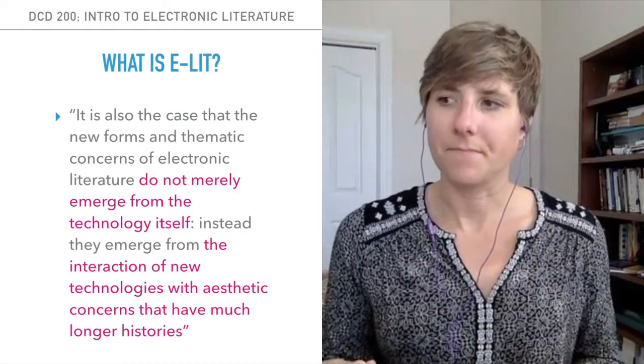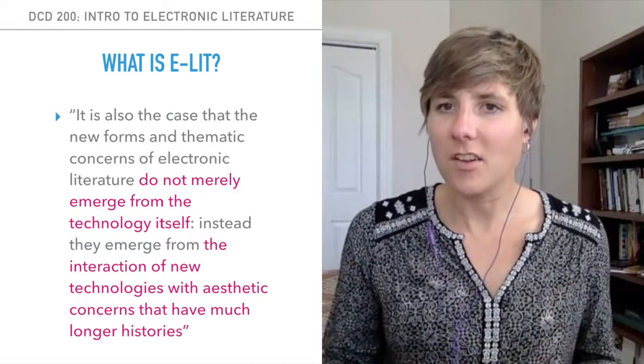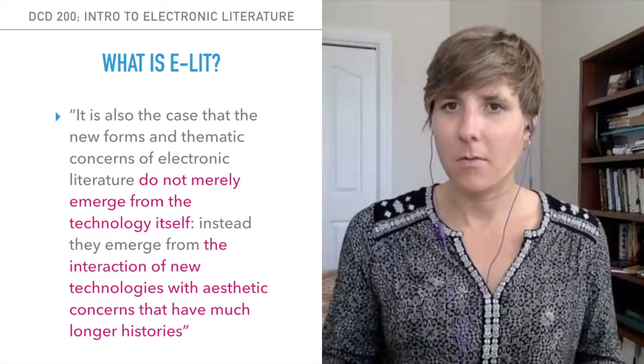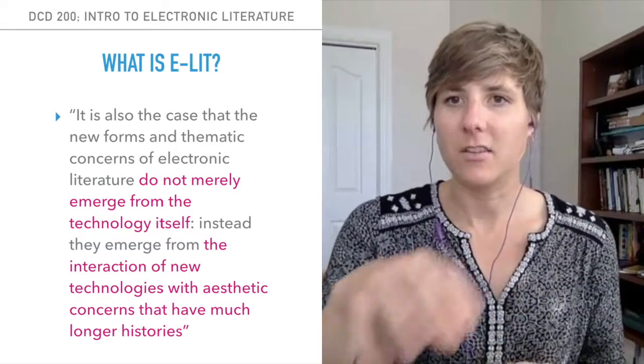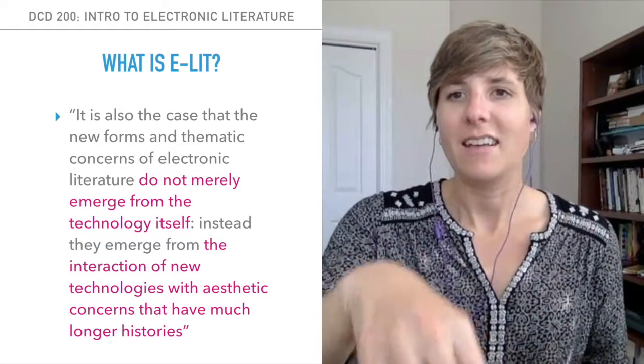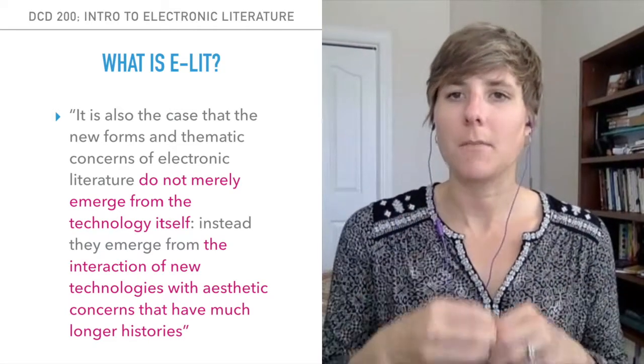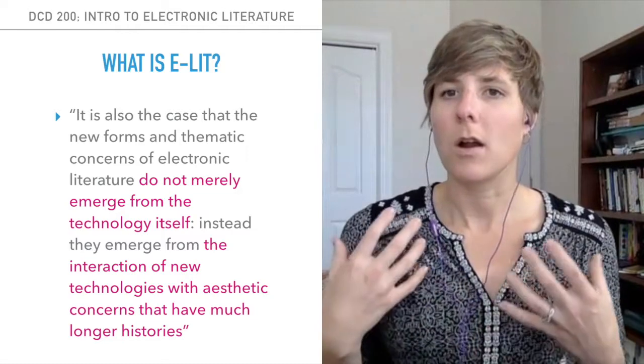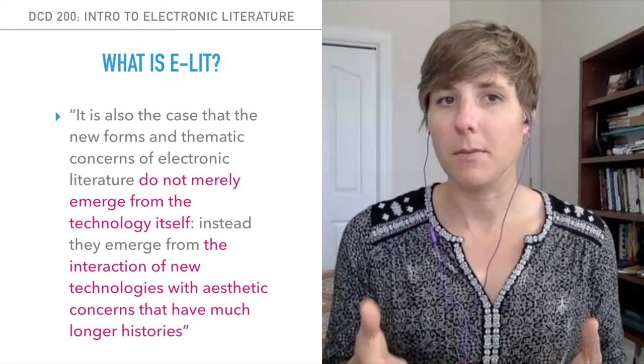The technology is new and the presentation is new, but in many cases, the concerns or the creative drive is not new. It's something that writers and poets were thinking about long before the computer made some of these things possible.